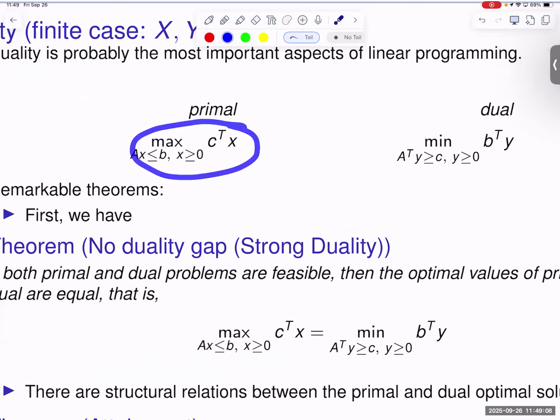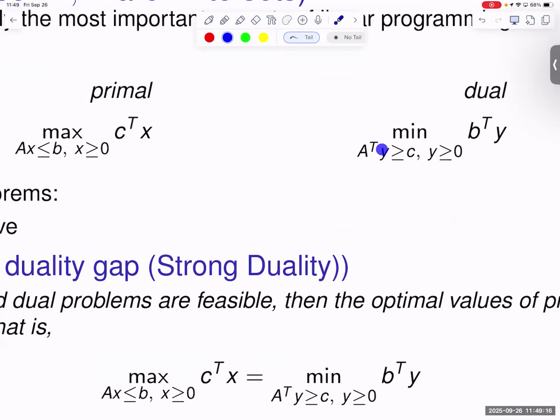When your original problem, which we call the primal problem, is a maximization problem, then its dual problem, its companion, is a minimization problem. And you have different decision variables for the dual problem. So basically, the dual problem is a problem in a different world, in the dual world.